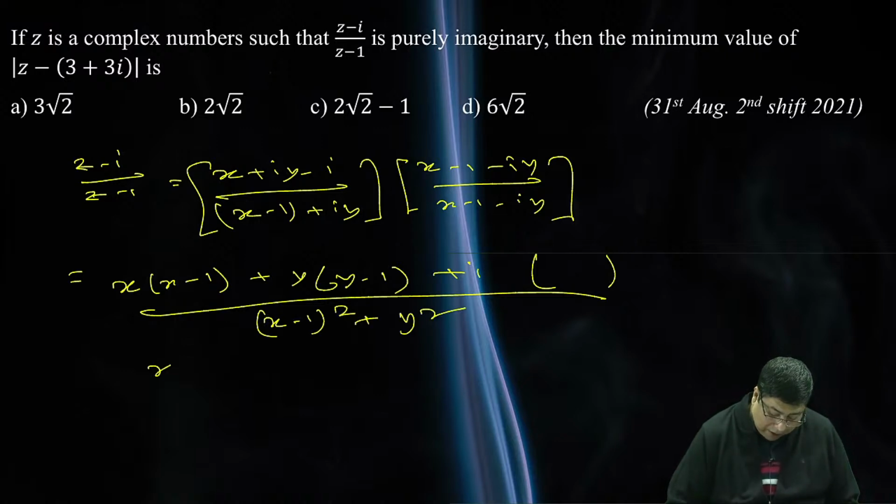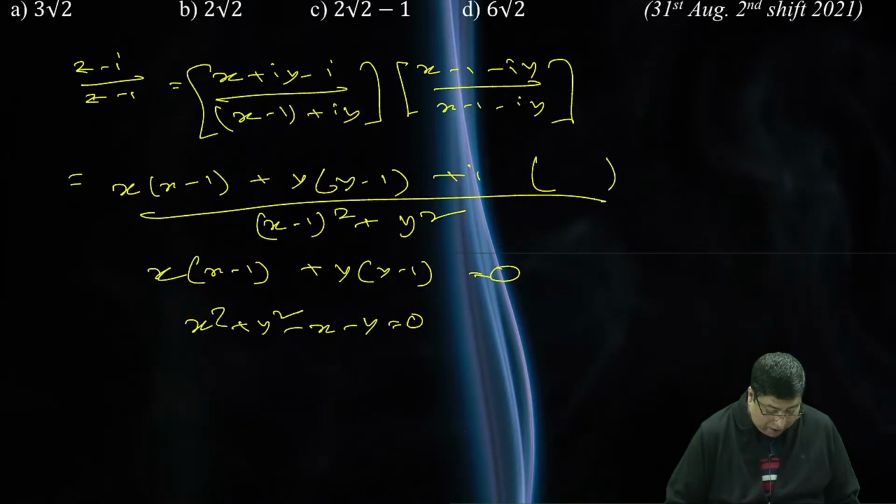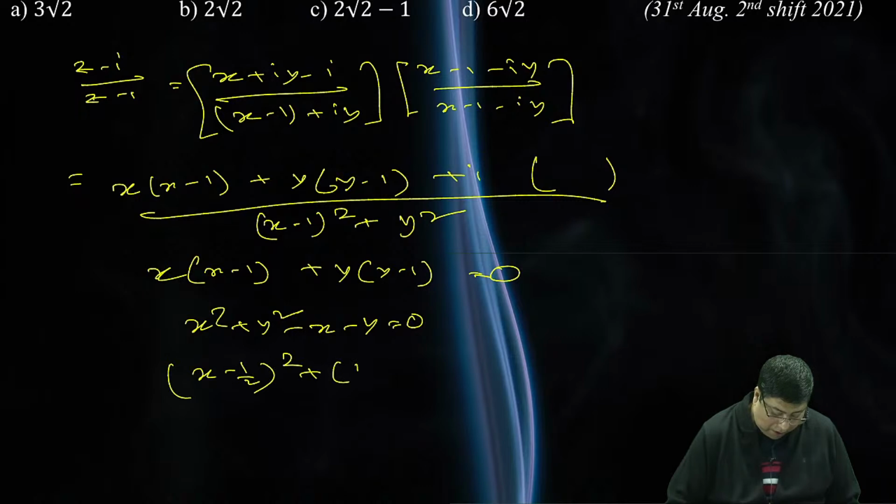So x(x minus 1) plus y(y minus 1) equal to 0, therefore x square plus y square minus x minus y equal to 0. It is a circle, so let us get the center and radius: (x minus half) whole square plus (y minus half) whole square equal to (1 by root 2) square. So this is the circle.